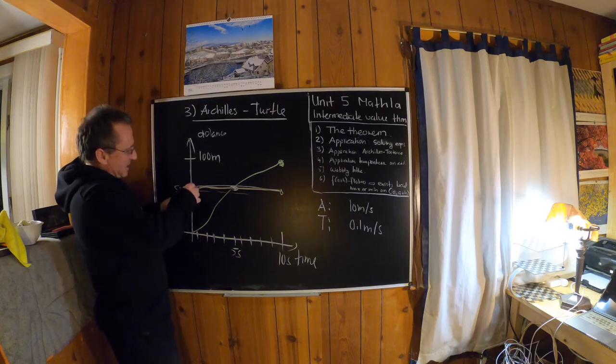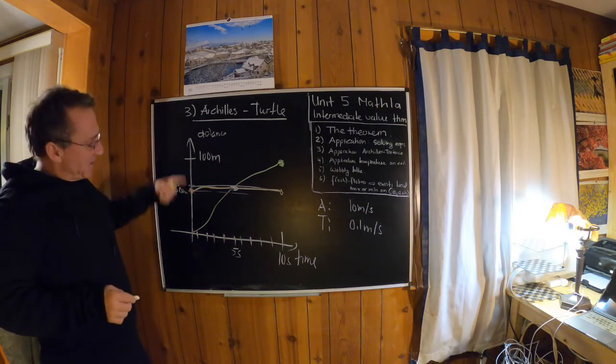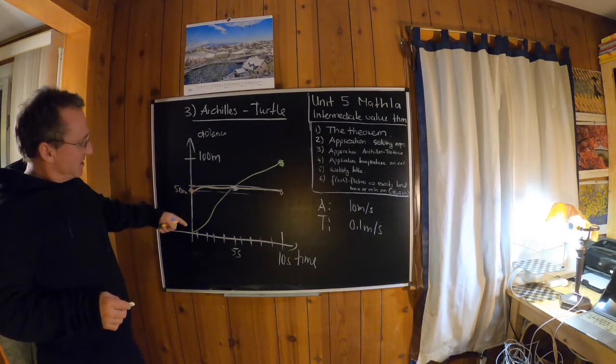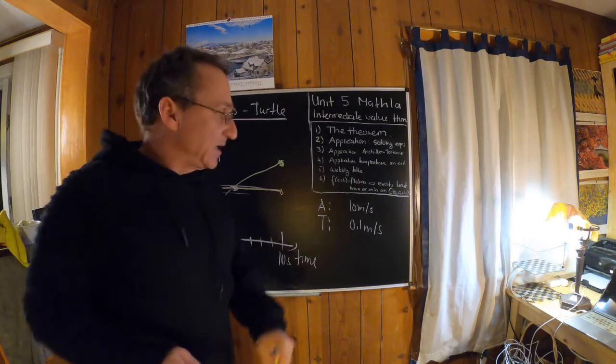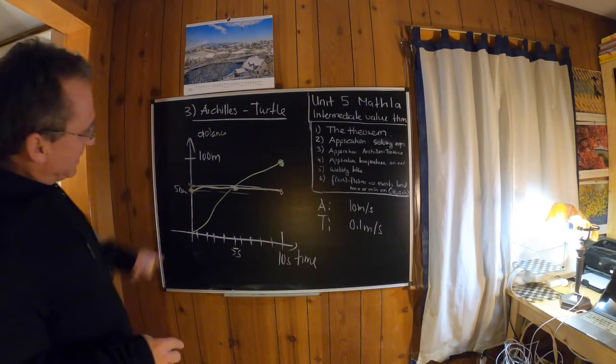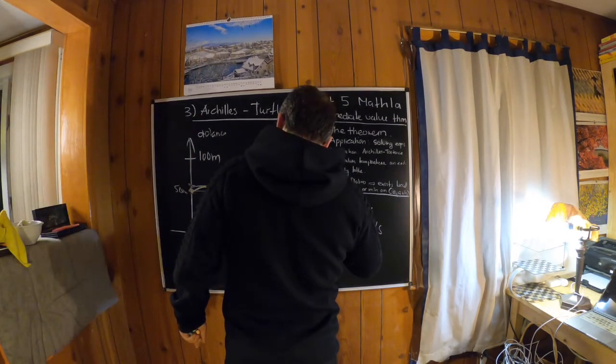If Achilles then continues to that place, then the turtle has gone even further. And so there are infinitely many times which are needed until Achilles reaches the turtle, so that they cannot really overcome the turtle. But here we kind of see the intermediate value theorem gives us a solution.